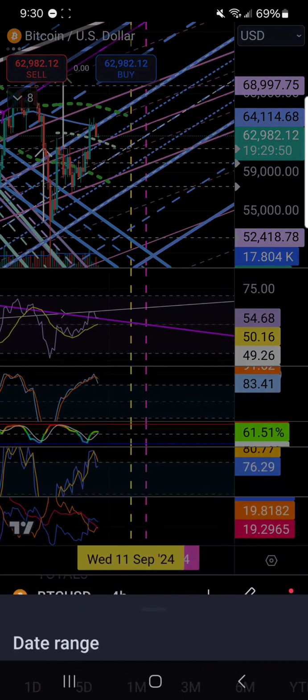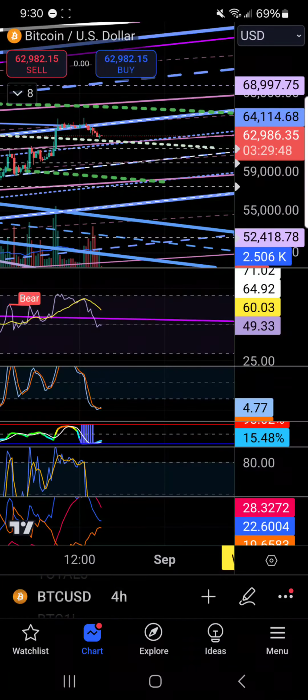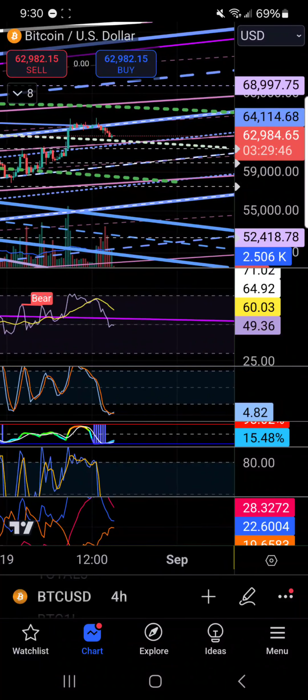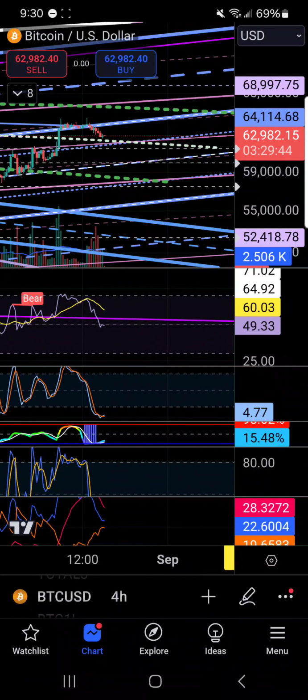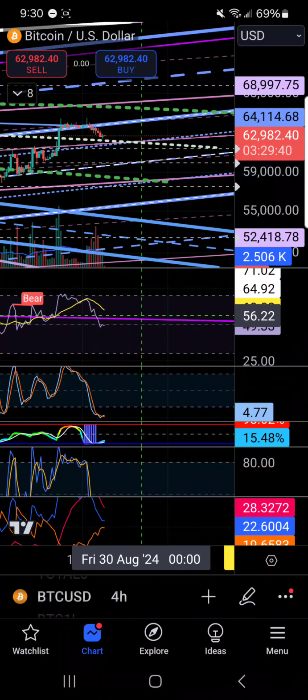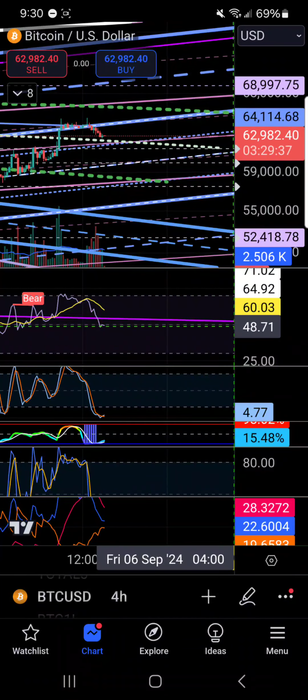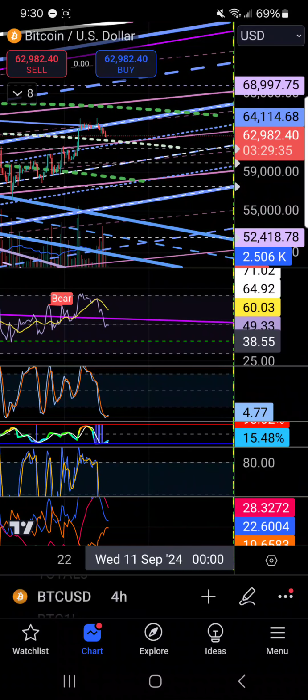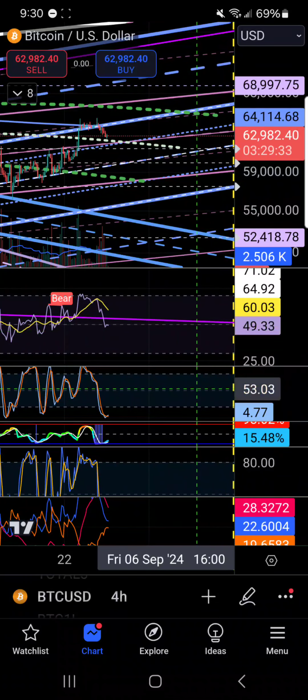Now on the 4-hour, we're way down here at the bottom. So are we going to turn up? We certainly could rally for quite some time in this trajectory.